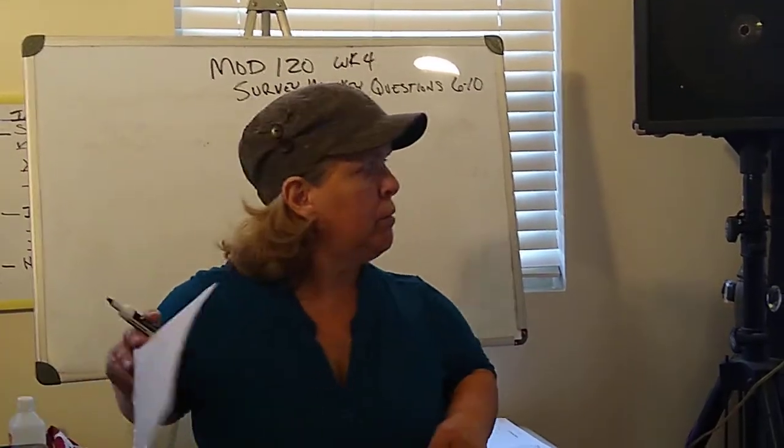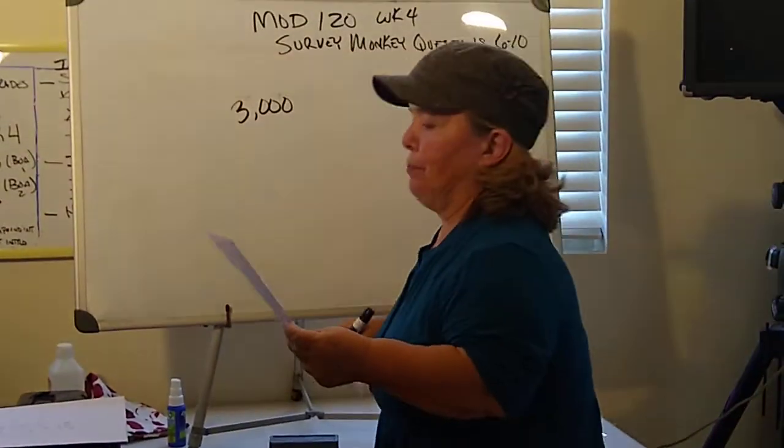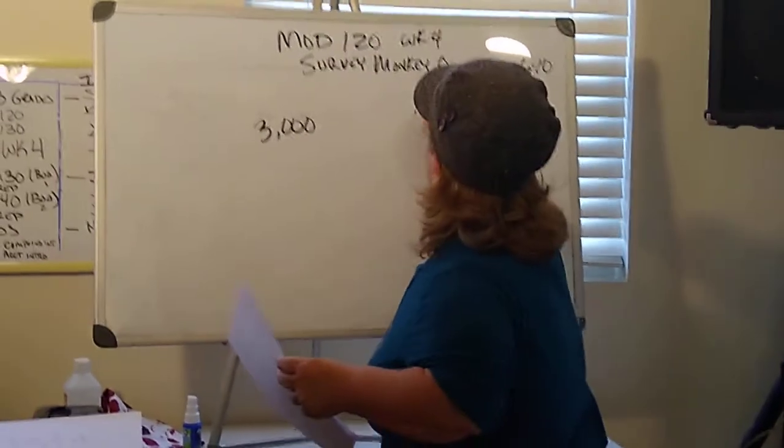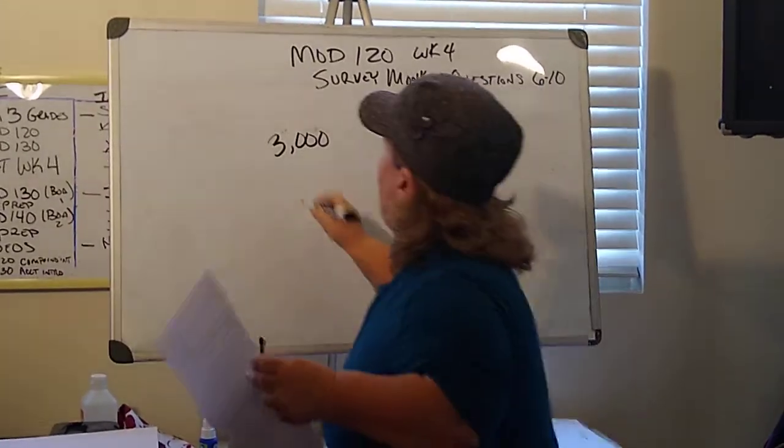$3,000 at 8% annuity. Okay, so period 1.